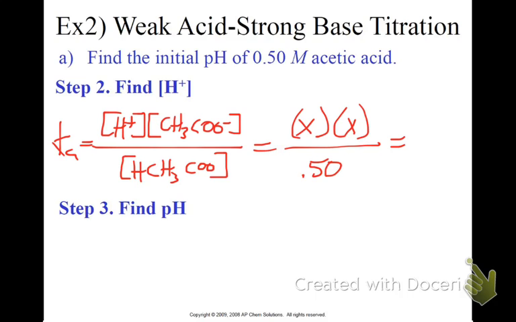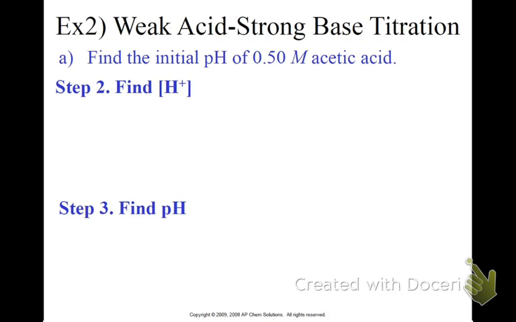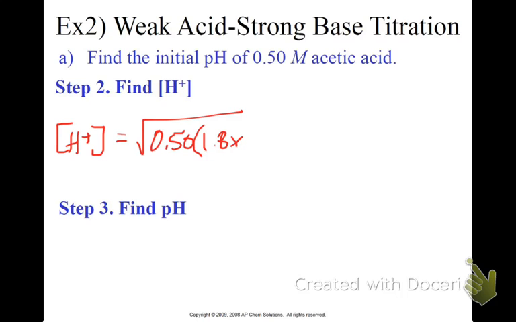Let me clear some room. So then the concentration of H plus is going to be equal to the square root of 0.50 times the Ka, which is 1.8 times 10 to the negative fifth. So our concentration of H plus is 0.0030 molar, so a very low concentration of H plus.